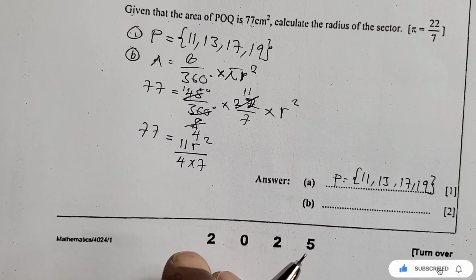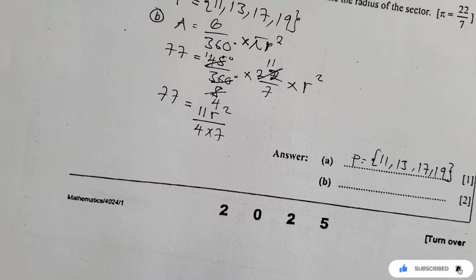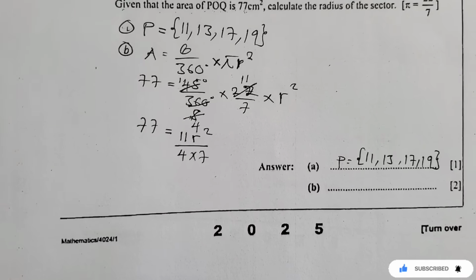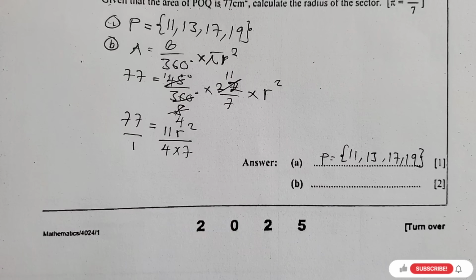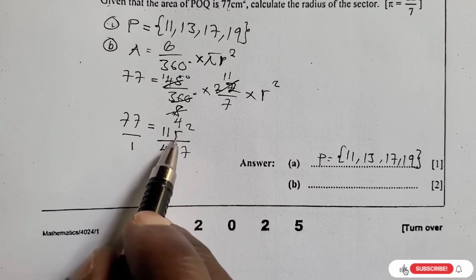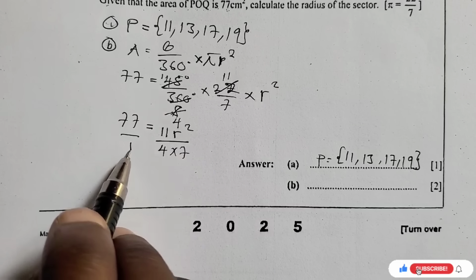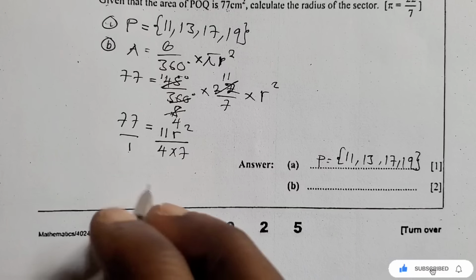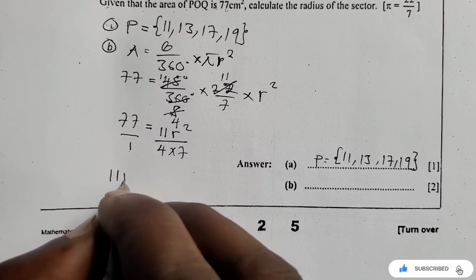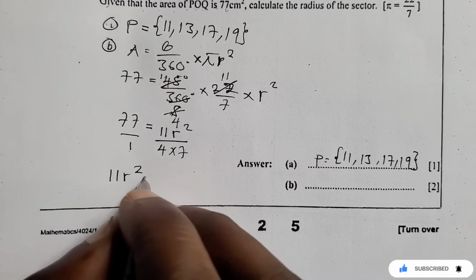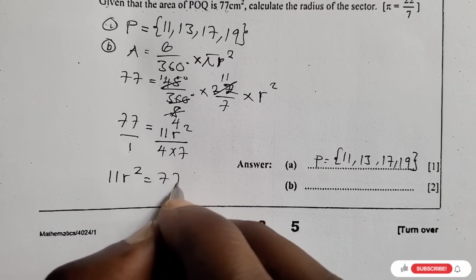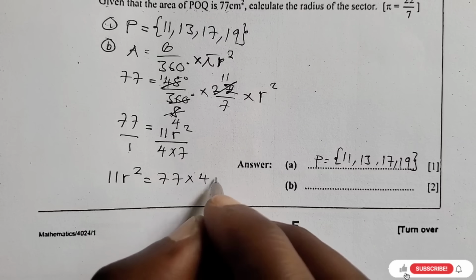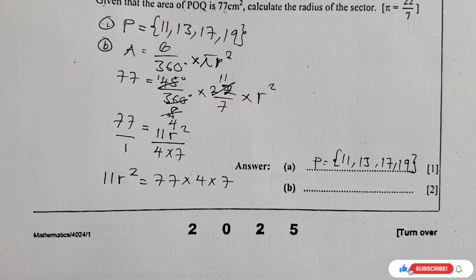Remember what I told you, don't multiply unnecessarily. So what we have here, just cross multiply. We're interested in r squared here. So 11 r squared is equal to, cross multiplying, 77 times 4 times 7.